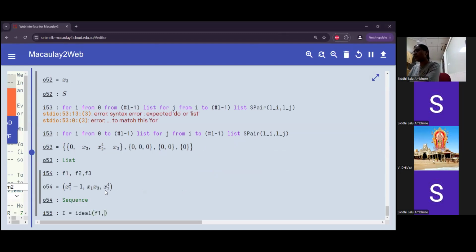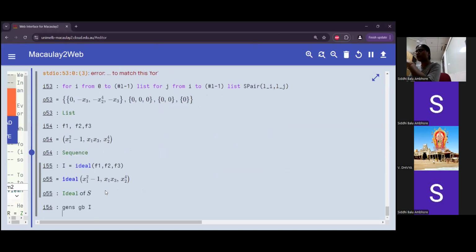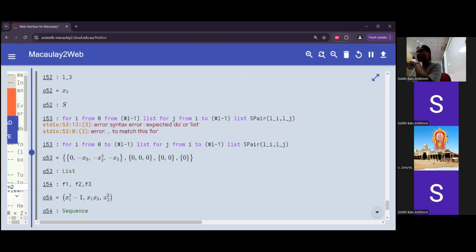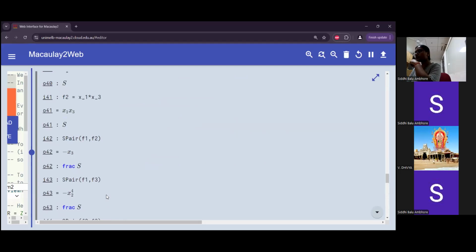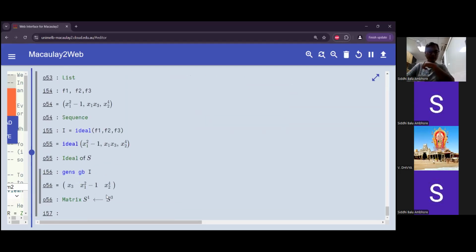So I'm defining this ideal by F1, F2, F3. And let us see the Gröbner basis of I. Oh, what order is defined on S? What is the ideal? Let me check.